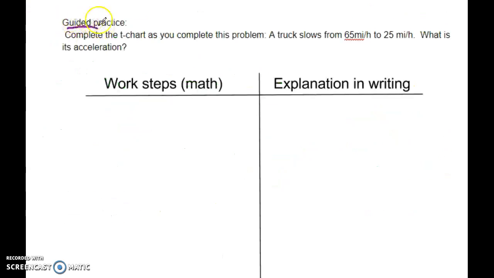Okay, for guided practice, you're going to do this problem here, and you're going to do it as a T-chart. So on the work step, you're going to show me the work. So everything that I gave you up to this point has been the math part of it. So you're going to show me that setup, and then you're going to write in words why you're doing that step.